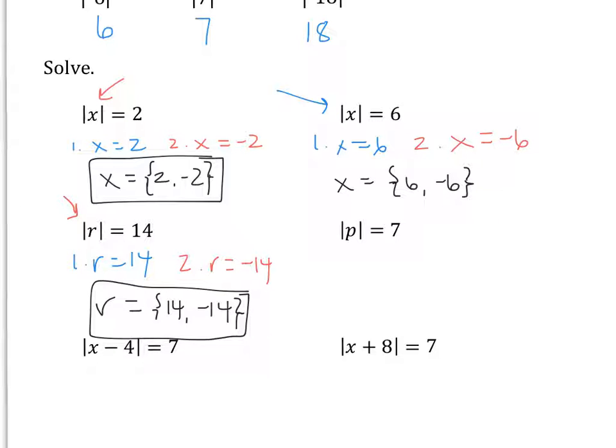Okay, and here we have the absolute value of p equaling 7. So my first case is that p equals 7. And case number 2 is, p could have been -7 to begin with there in the absolute value. So my two solutions here are 7 and -7.